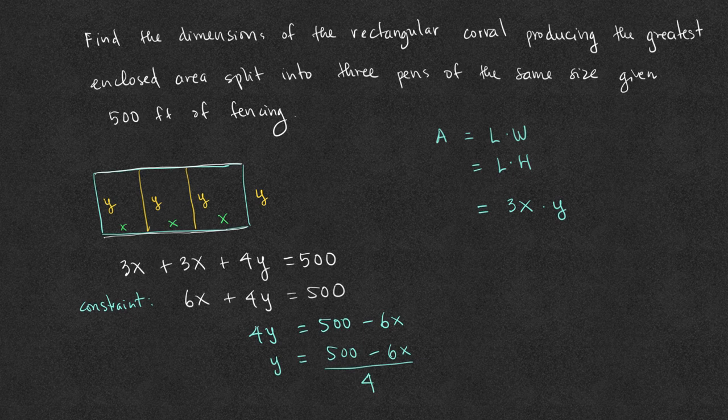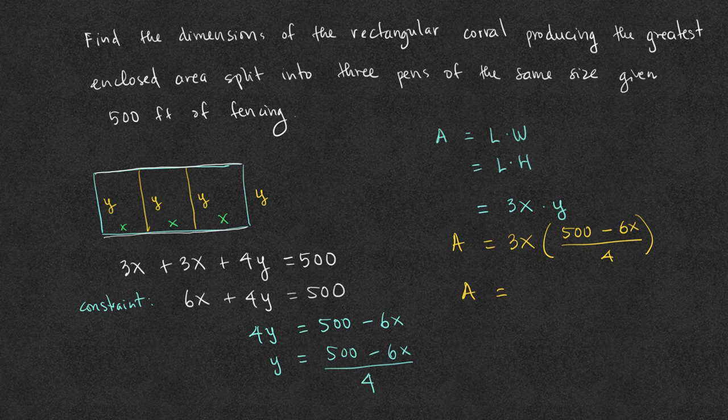We can substitute this for y, and so the area, 3x times y, is now 3x times (500 minus 6x) over 4. We will need to simplify this in a minute.